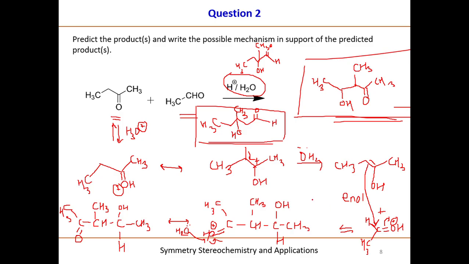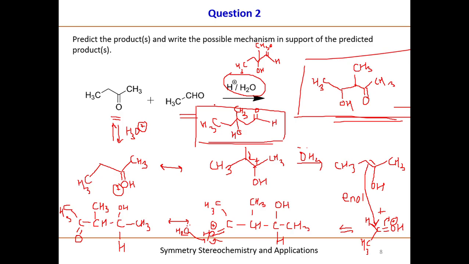So here we have observed that this is an aldol type reaction, aldol condensation, but because we have acidic conditions, it is an acid catalyzed aldol condensation. So in acidic condition, the aldol condensation undergoes a protonation reaction.